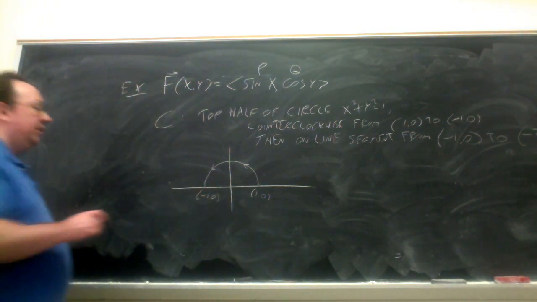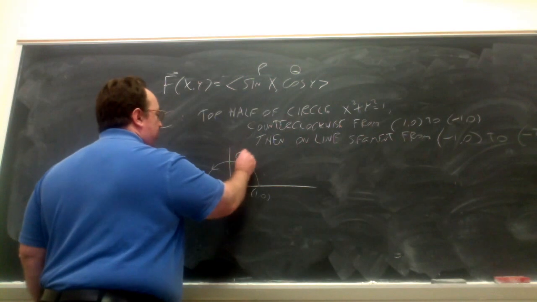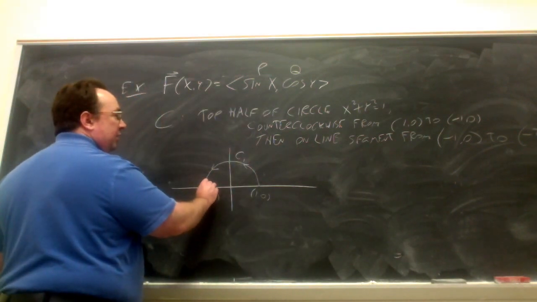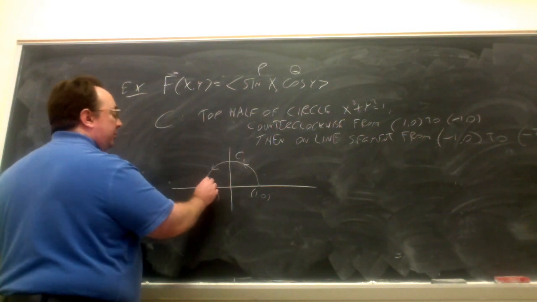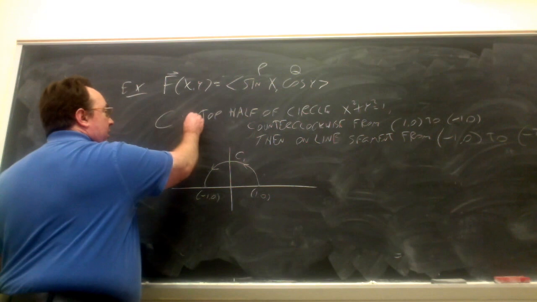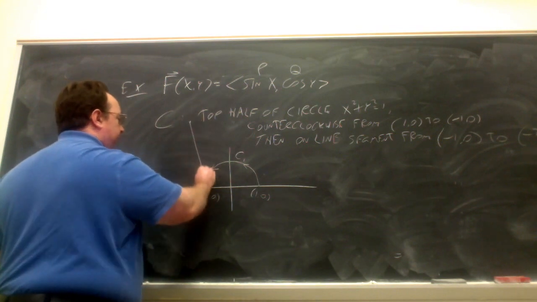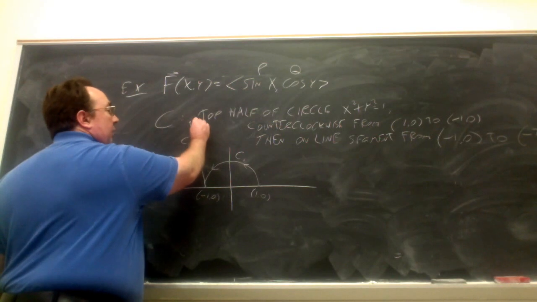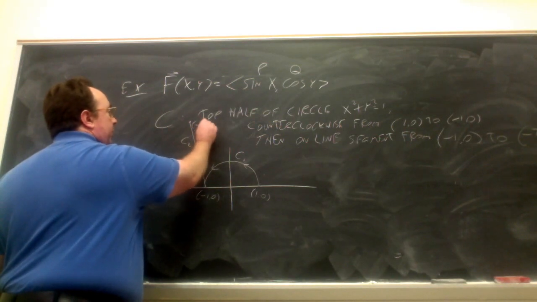I'm going to call this curve C1, the circular part. Then the next segment, C2, goes from here to the point minus 2, 3.